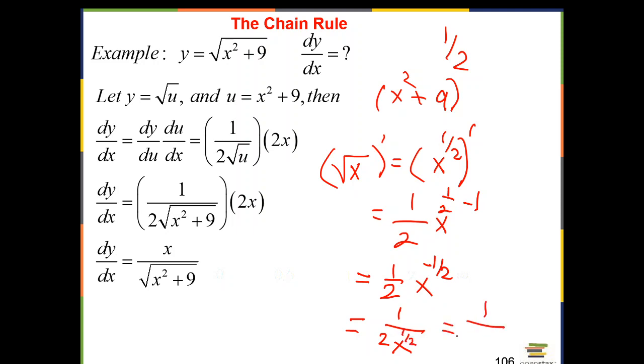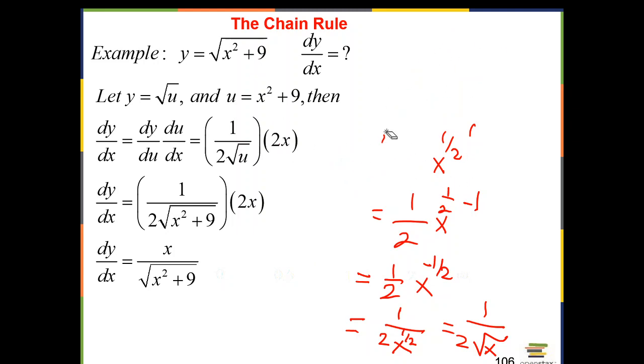So it's 1 over 2 square root of x, right? So that's a good thing to memorize. So the derivative of square root of something is 1 over 2 square root of something. And of course, if that something is not x, then you have to multiply by derivative of inside. Okay? That makes sense? So chain rule is easier if you think of it that way.